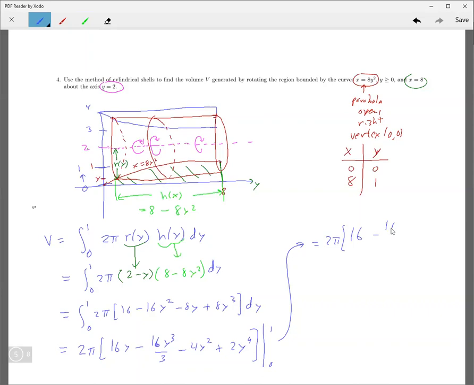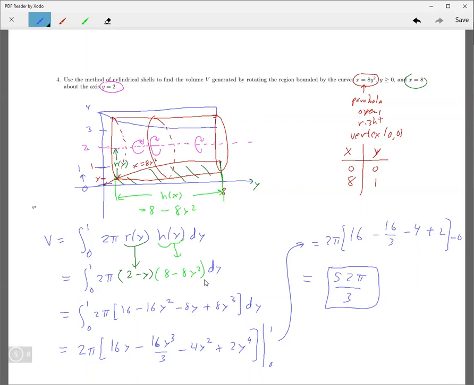So 16 minus 16 thirds minus 4 plus 2. And then minus 0, because putting 0 makes everything 0, which is nice. And I worked it out again at 52 pi over 3. Okay, so that's the answer to number 4 on how to do it.